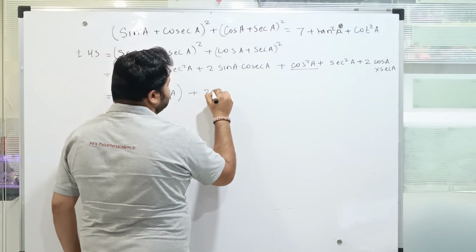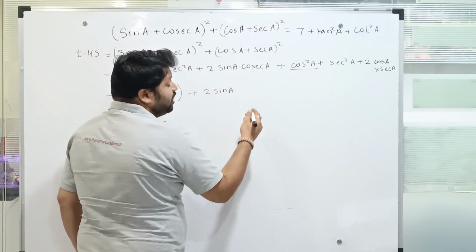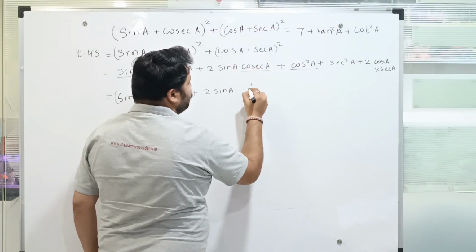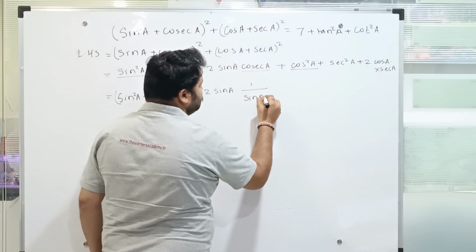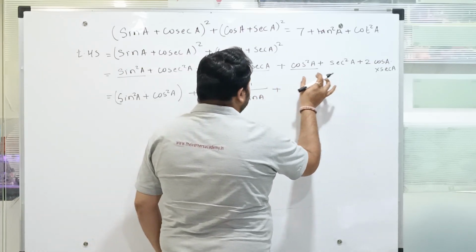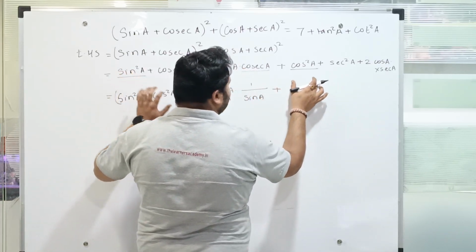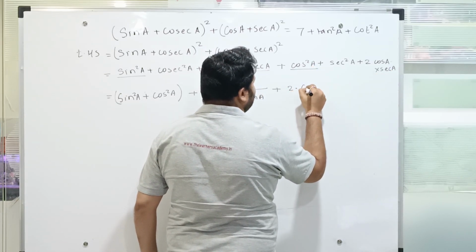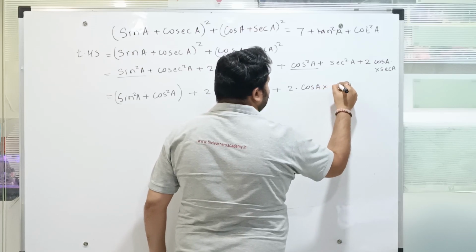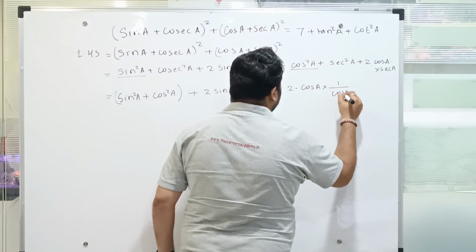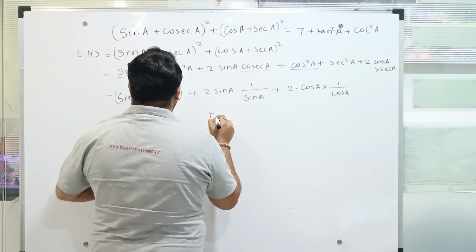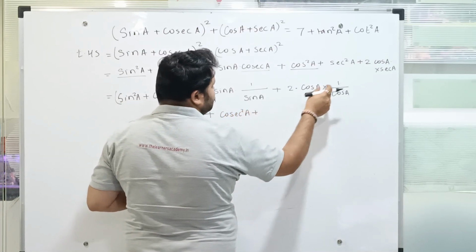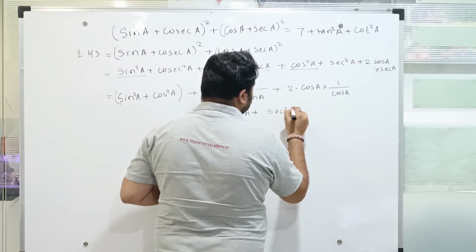Now this is 2 times sin A and cosec A is 1 upon sin A, so I can replace this cosec A with 1 upon sin A. Plus, since I've taken care of these terms, I will also take care of this term. So it would be 2 multiplied by cos A multiplied by 1 upon cos A, plus this cosec square A plus this sec square A.